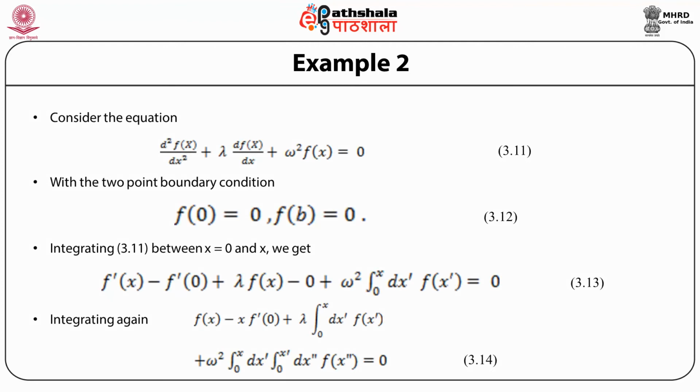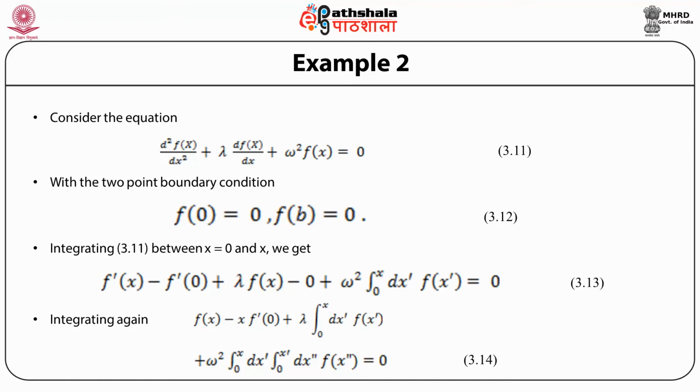The next example which we consider is the example of a one-dimensional damped harmonic oscillator. So we have an extra term which is proportional to the first derivative of f in the equation. So the equation which we want to solve is the differential equation d2f of x by dx square plus lambda times df by dx plus omega square f of x equal to 0.